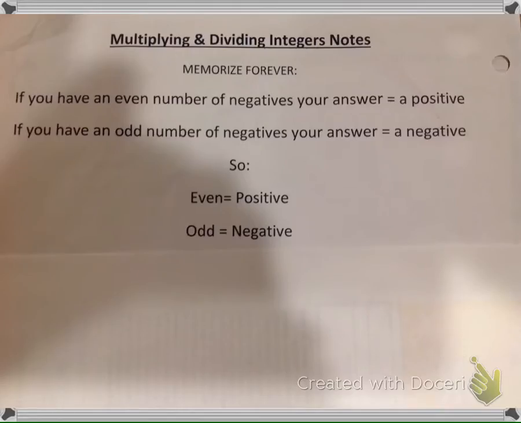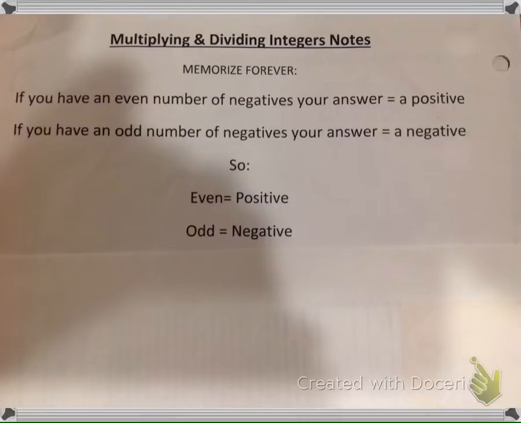And the first thing, and the only thing you really need to know about multiplying and dividing integers, is really simple. You have to just remember this. I know you may have learned a different way to do this, but this is the best way to remember it. If you count up your negative numbers, it doesn't matter how many positives you have, however many negative numbers you have, if you have an even number of negatives, your answer is a positive.